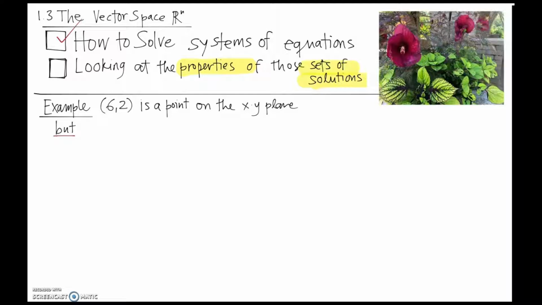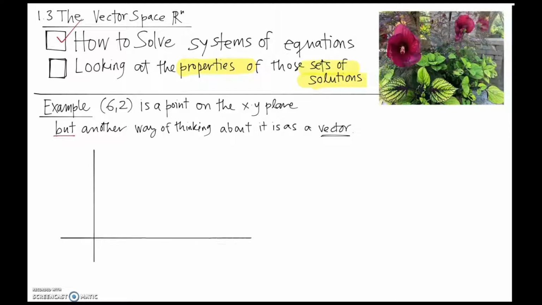But another way of thinking about 6, 2 is as a vector. We've sort of seen this in section 1.1. So what do I mean by that?